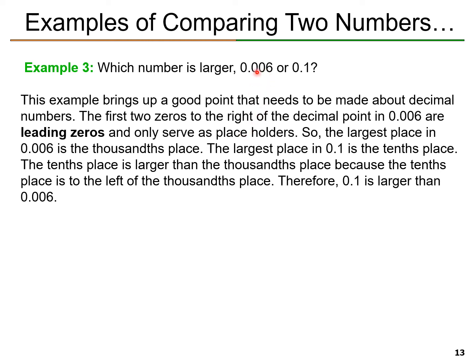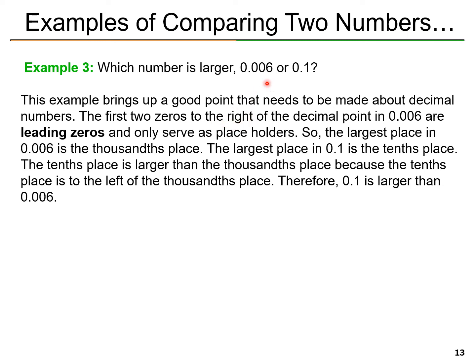So these zeros do not contribute any value to this number. So the largest place in this number is the thousandths place. The largest place in this number is the tenths place. Because the tenths place is larger than the thousandths place, 0.1 or 1/10 is larger than 6 thousandths.